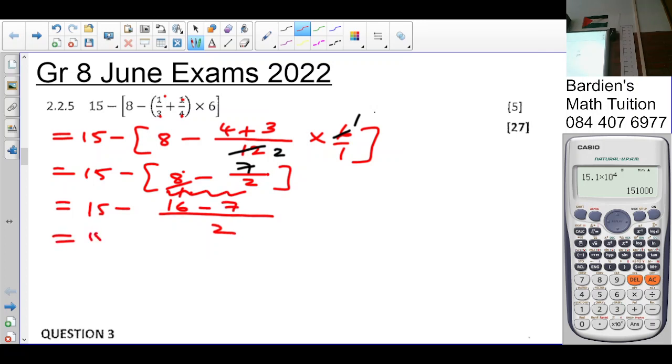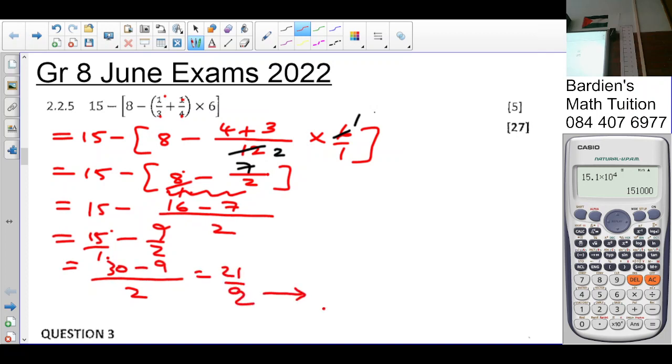So it's 15 minus. 16 minus 7 is 9. 9 over 2. You have an LCM of 2 times by 2, so it's 30 minus 9, which is 21 over 9 over 2. Is that correct? Okay. Any problems here, people? Any issues? No?